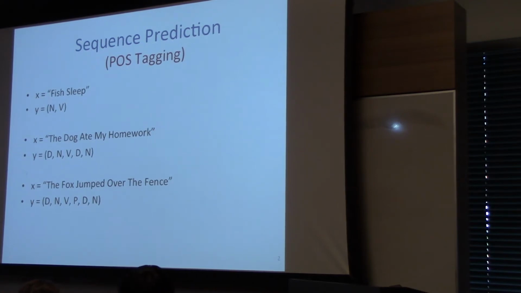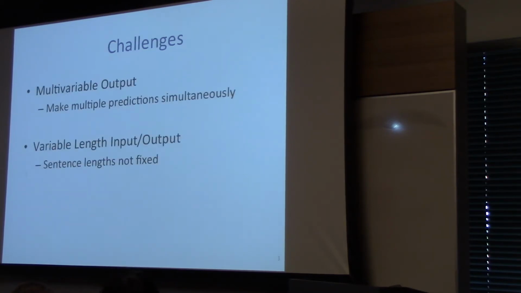So the standard prediction problem would be to train a model such that given any X, I can predict the correct Y, where the X and Y are both sequences, instead of Y being just a single prediction. There are a few challenges in sequence modeling and sequence prediction. Obviously, it's a multivariate output, unlike every type of prediction problem we've talked about so far.